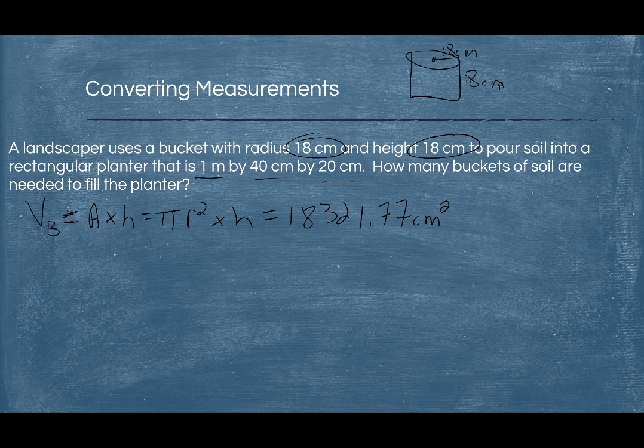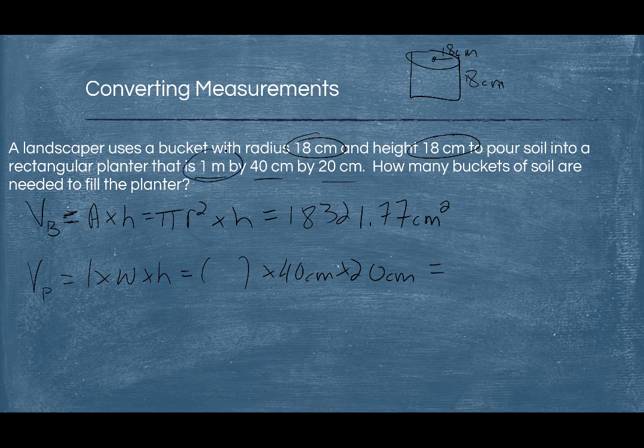And I have to figure out how many of those it'll take to fill up the volume of the other thing. It's called a planter, right? And the planter is a rectangular prism, basically, which is just going to be length times width times height. So it's going to be that value times 40 centimeters times 20 centimeters.